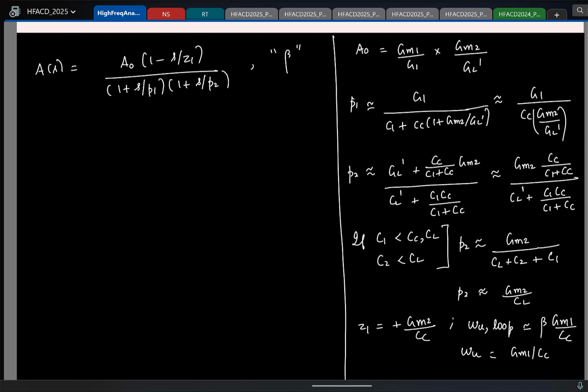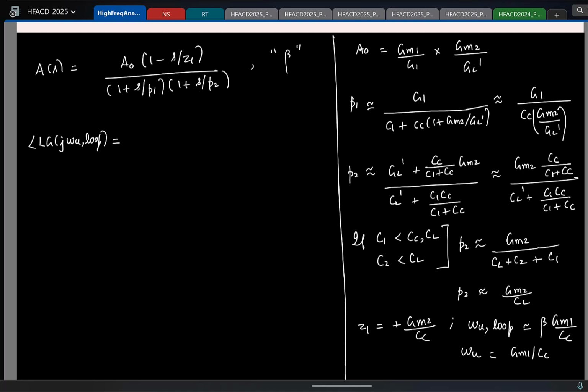I look at the phase at that frequency, right? So I look at the phase of the loop gain at the unity loop gain frequency. So that will be contributed by both the poles and the RHP0.